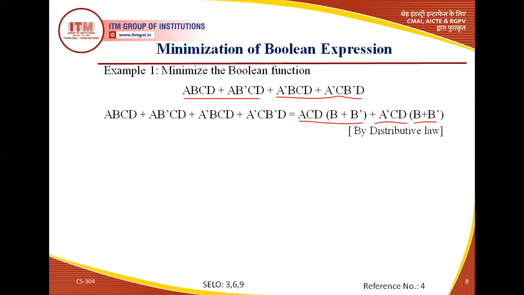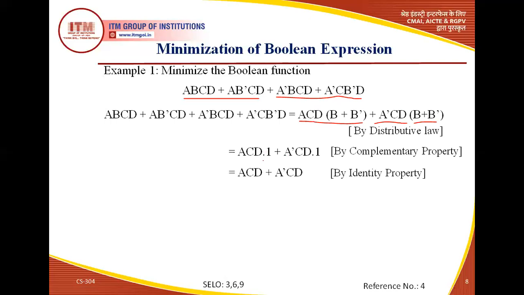Now we know that B plus B dash equal to 1. Why? Complementary property. Okay, so by using the complementary property, we can note down B plus B dash equal to 1. Okay, now we know that A dot 1 equal to A. Why? Identity property. So ACD dot 1 equal to ACD by using the identity property.